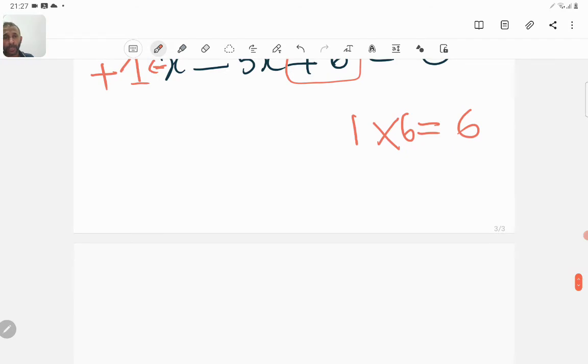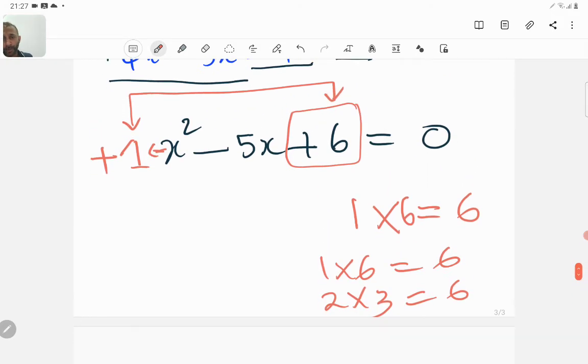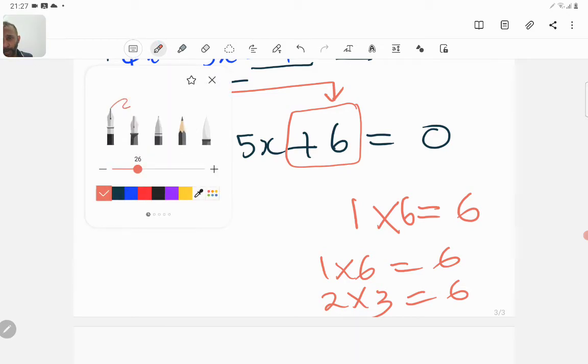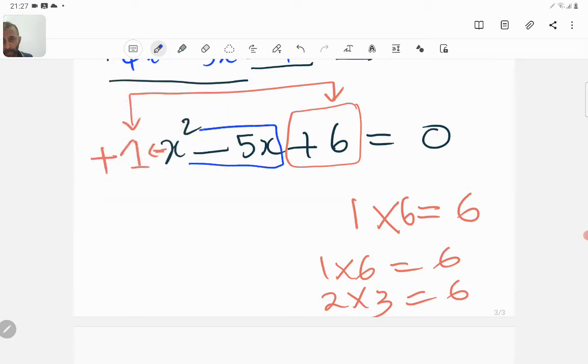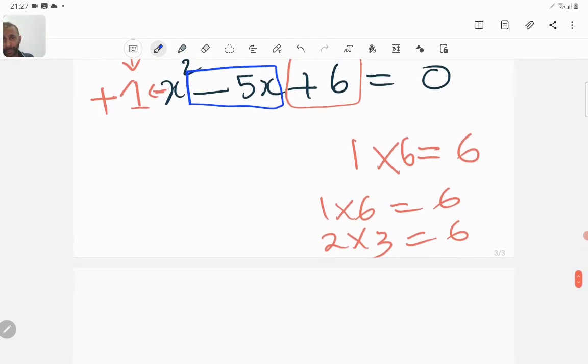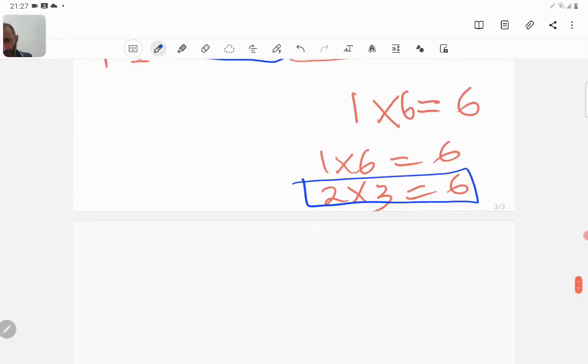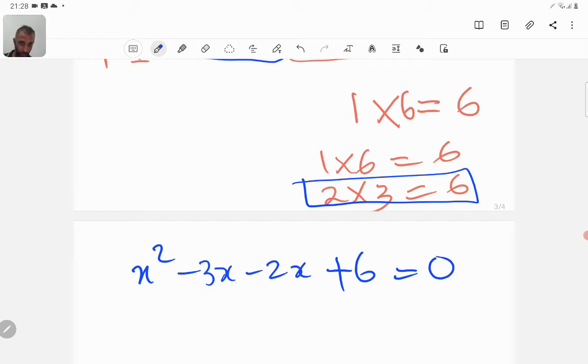Then you need to write down all the possible factors for this: 1 into 6, 2 into 3. So this is also 6, this is also 6. We then have to choose a pair that suits this expression. When I split − 5x, I must get a suitable combination. That combination is this. Therefore x² − 3x − 2x + 6 is equal to 0.